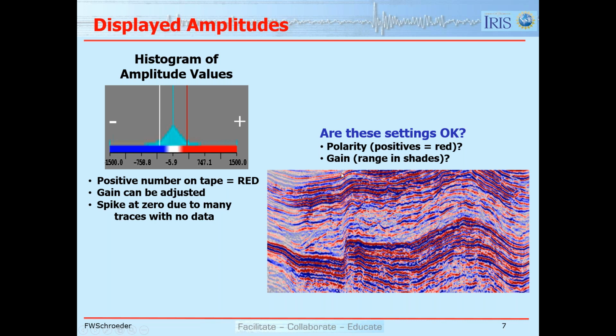And the gain is how much we either enhance the amplitude colors or decrease them. So this has a fairly high gain. We're getting really blue blues and red reds. The zone in here where it's less intense in color means it's lower amplitude.